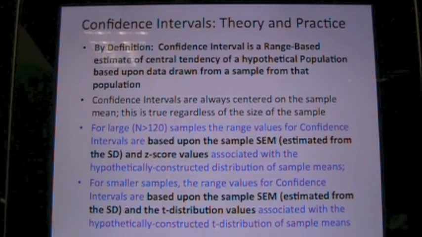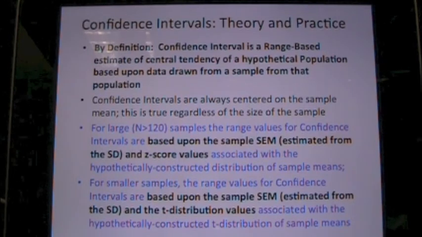On the other hand, if the sample size is only 12, the 95% confidence interval will be equal to the standard error of the mean that you estimate from that sample times not 1.96, but the 2.201 that we saw in the t-table before. Because when there are 11 degrees of freedom, the distribution of sample means changes so that in order to capture 95% of those sample means, you have to go out 2.20 standard error units, not just 1.96.